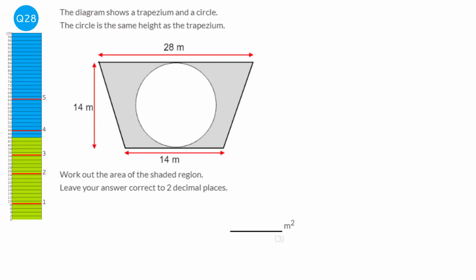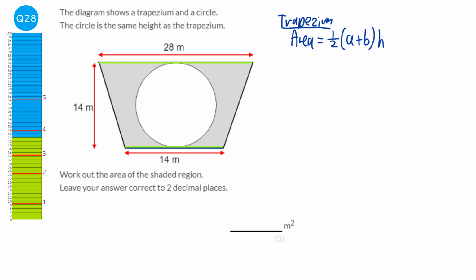So the first thing we're going to do is work out the area of the trapezium. And the formula for that is half brackets a plus b times h. Now a and b have to be the parallel sides, so here we've got the 2 parallel sides, here and here.